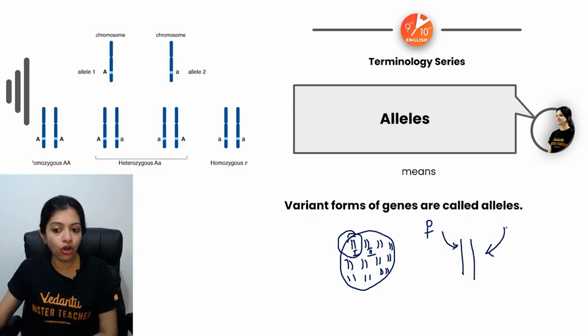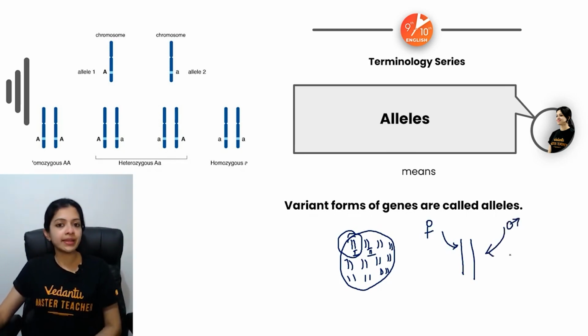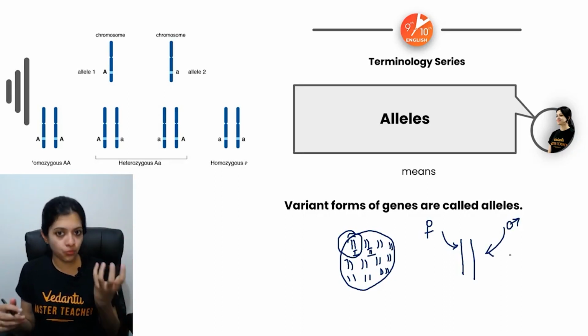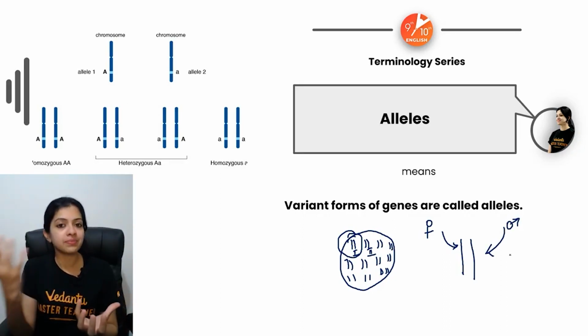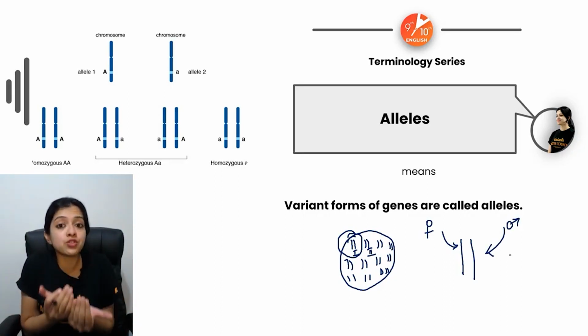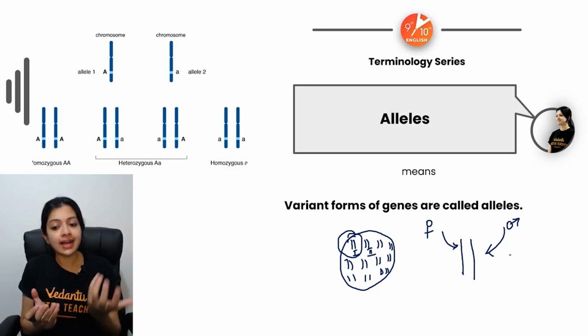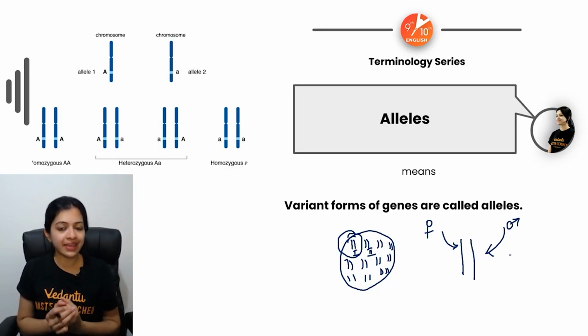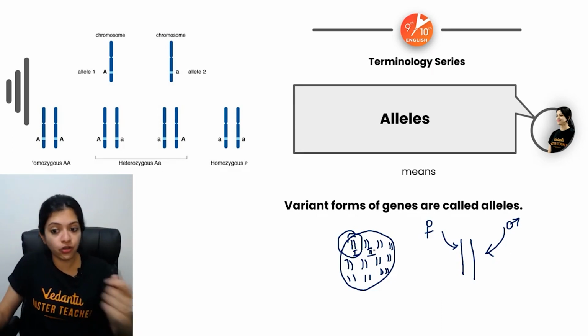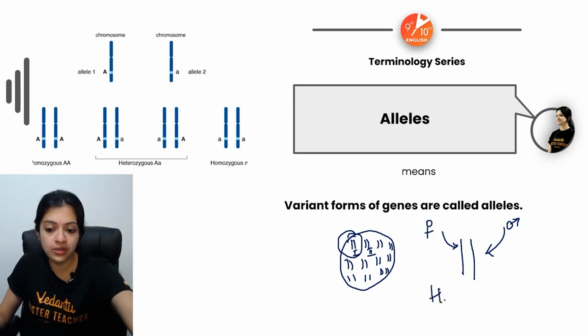This is a copy of dad's chromosome 1. So chromosome 1 from one parent and chromosome 1 from the other parent, they pair up together because they are similar in structure and appearance. We call such chromosomes homologous chromosomes. Homologous chromosomes. Right, children?